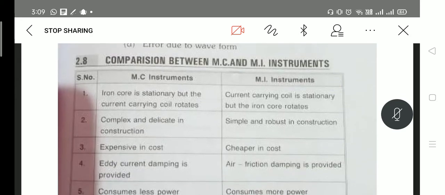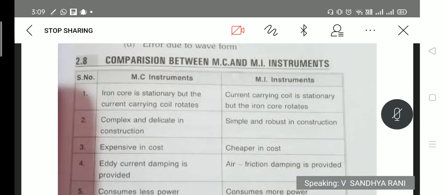And comparison between the MC and MI instruments. In the MC instrument, we use a stationary core and the current coil is rotating, the moving coil instrument.